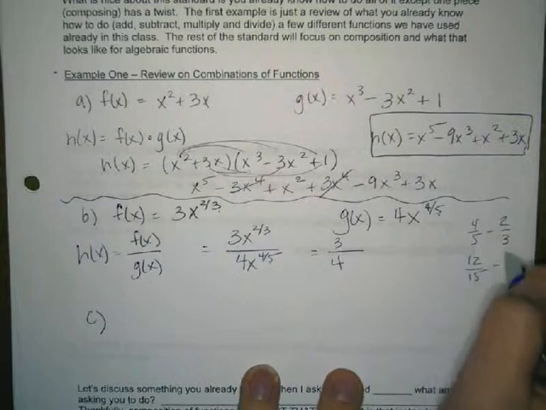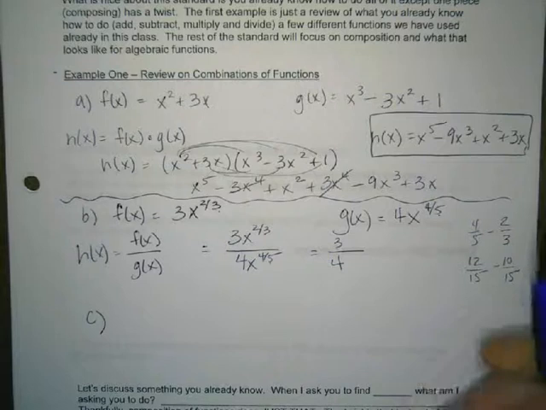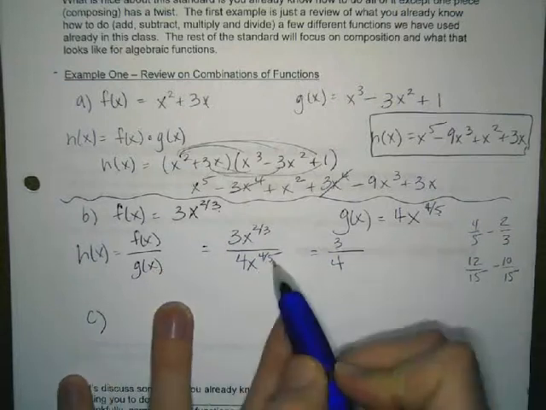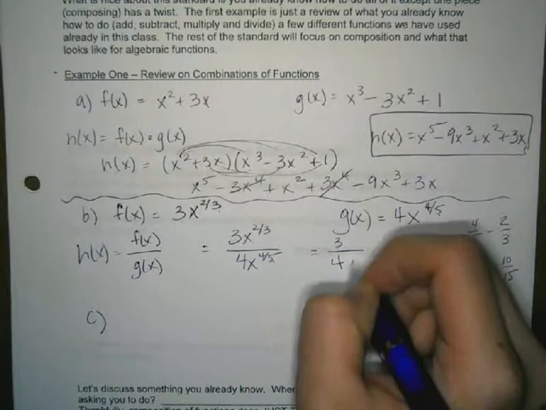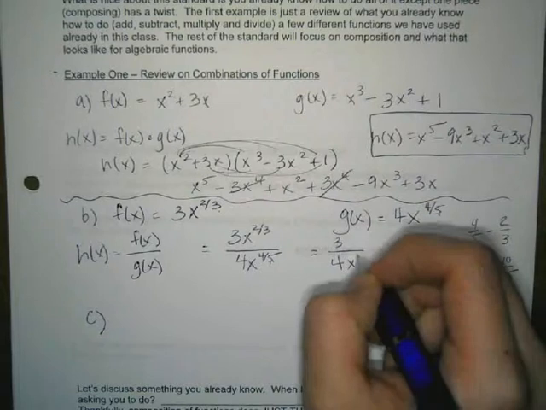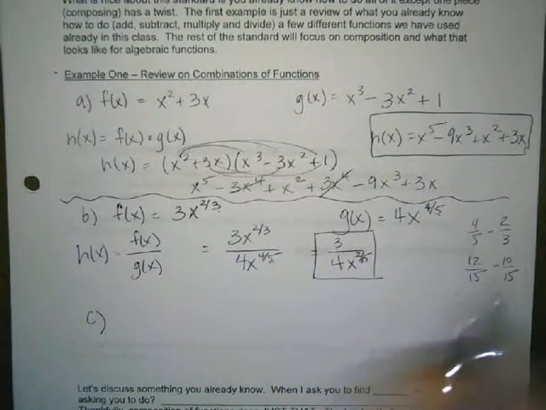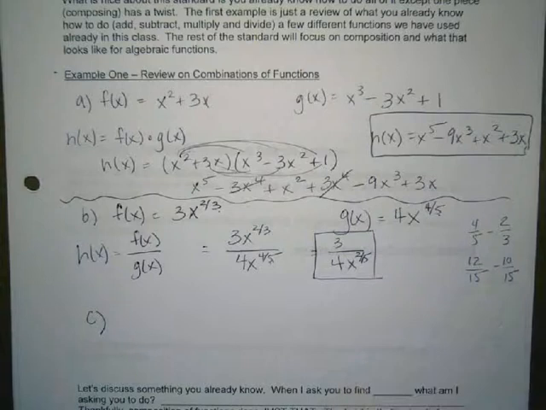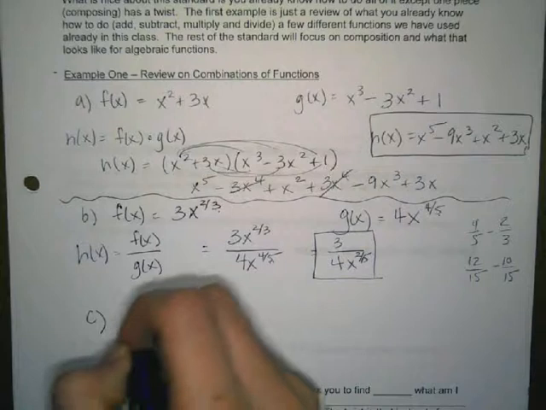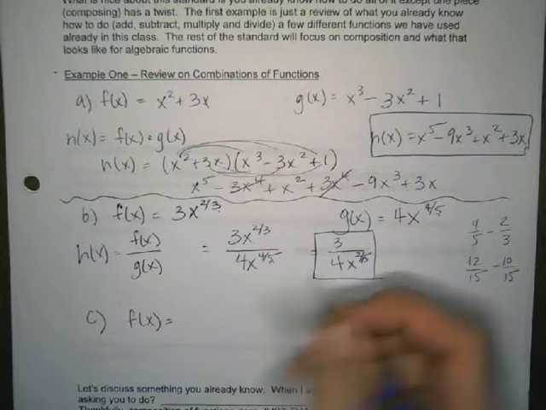This would be 10/15, which would give me 2/15. And since you're taking the 4/5 and subtracting the 2/3, the 2/15 would be in the denominator, and you can leave it like that. Okay. Let's look at one other type of function here.